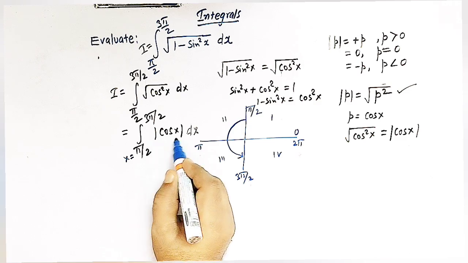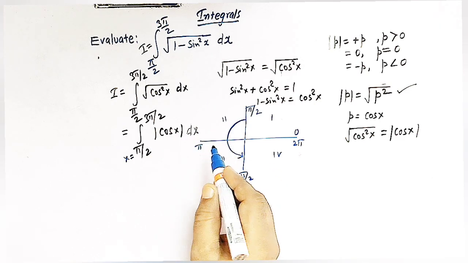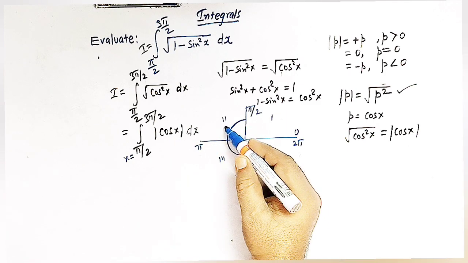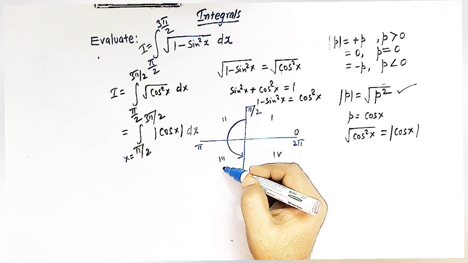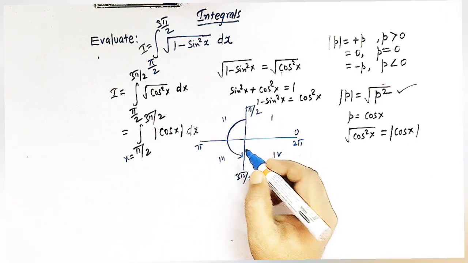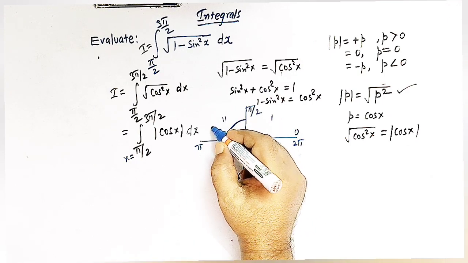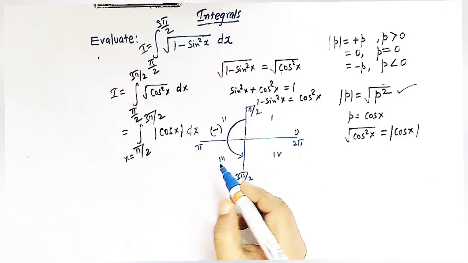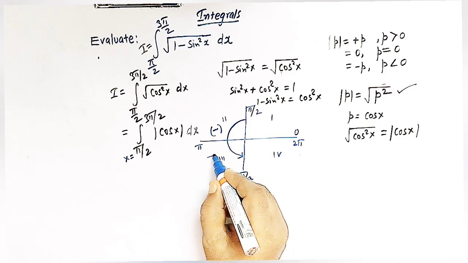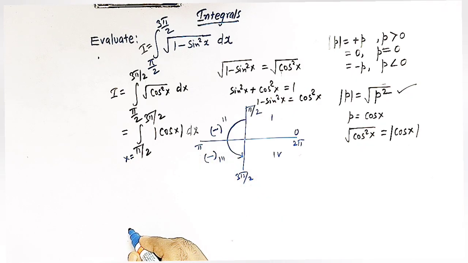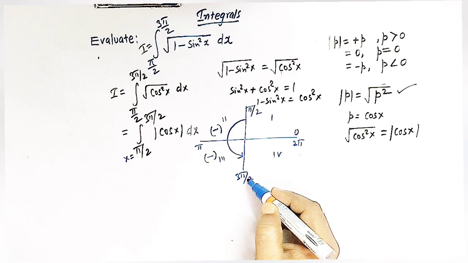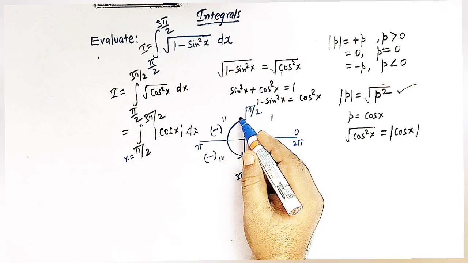Now here we have the absolute value of cosine function. So let us see the sign convention for cosine function in these two quadrants, the second and the third. In the second quadrant the cosine function is negative, and in the third quadrant also, the cosine function is negative. So when we go from pi by 2 to 3 pi by 2, the cosine function is negative.